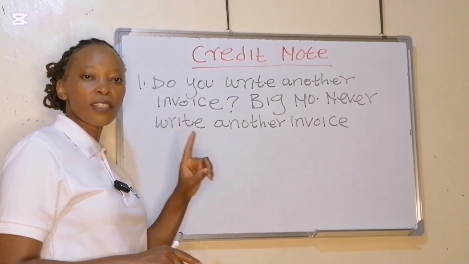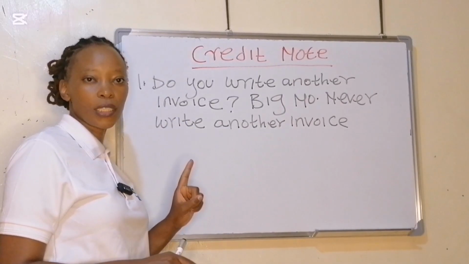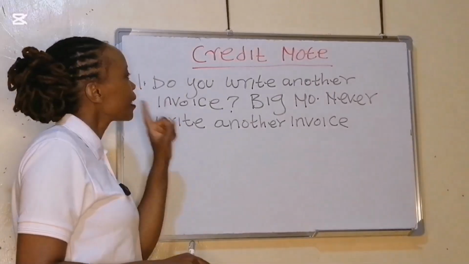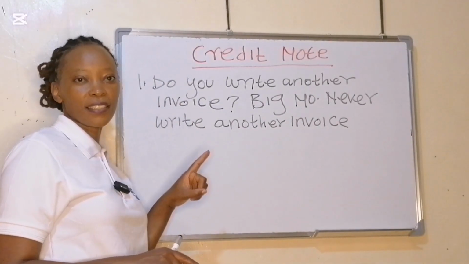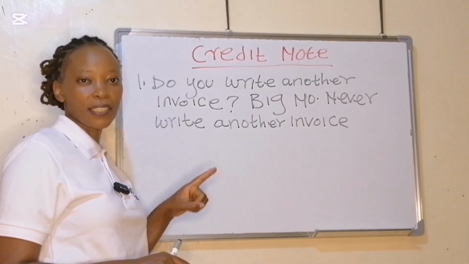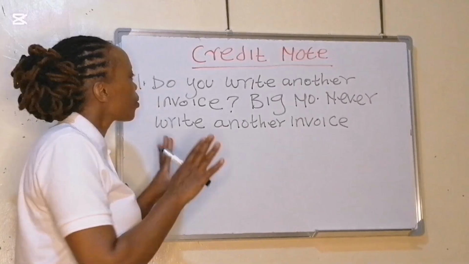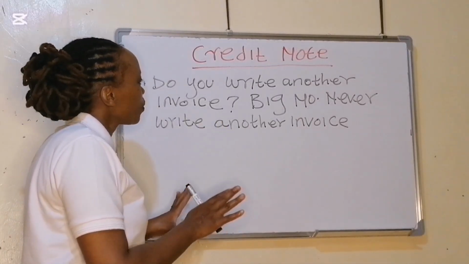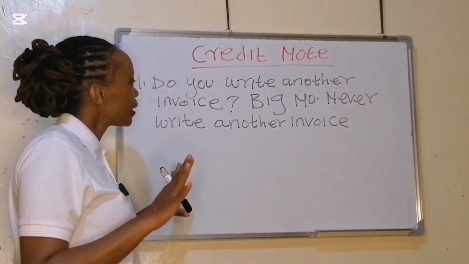So when a customer returns the goods, you don't write another invoice. You just write a credit note to make those adjustments. Okay? Are we together up to that point? Some business people make errors.